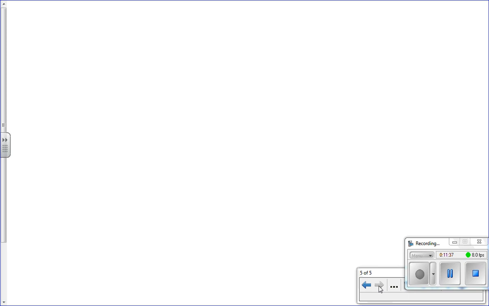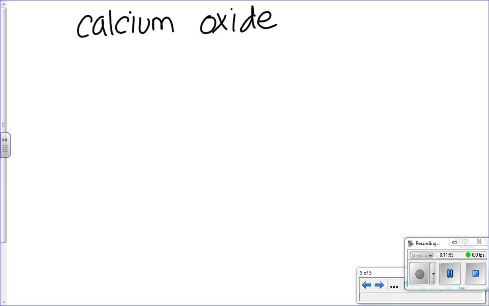Let's say we have calcium oxide. What does your very first step tell you to do? Write the ions side by side. So on that list that you put into your notebook, what is the ion for calcium?